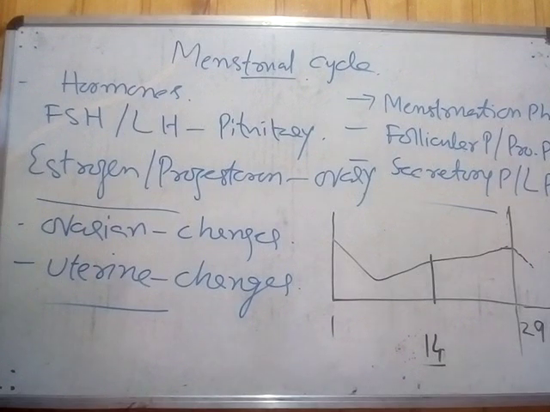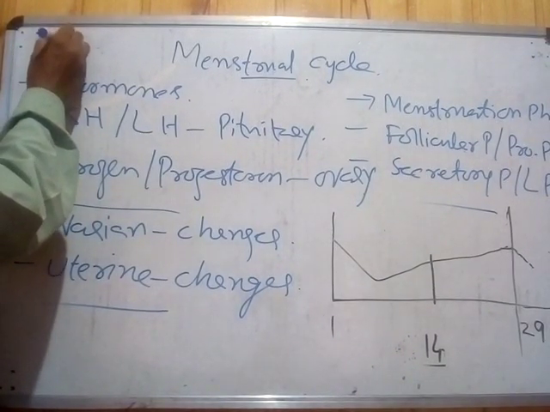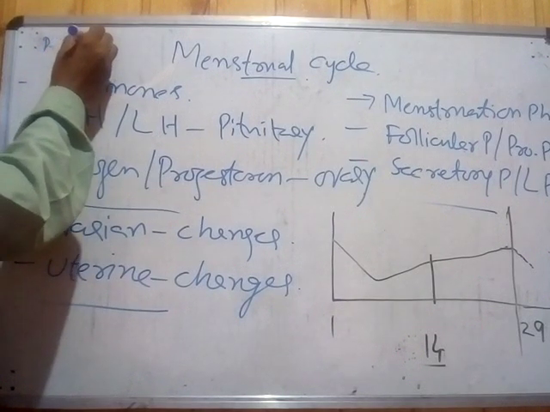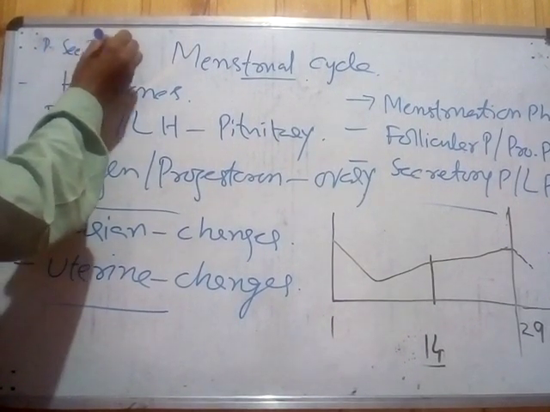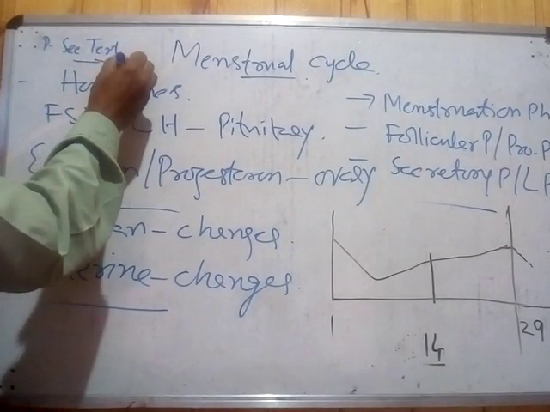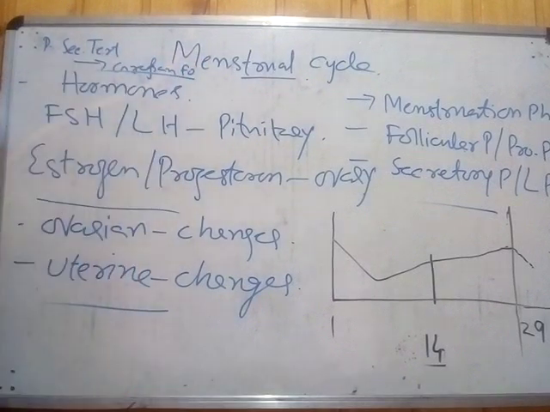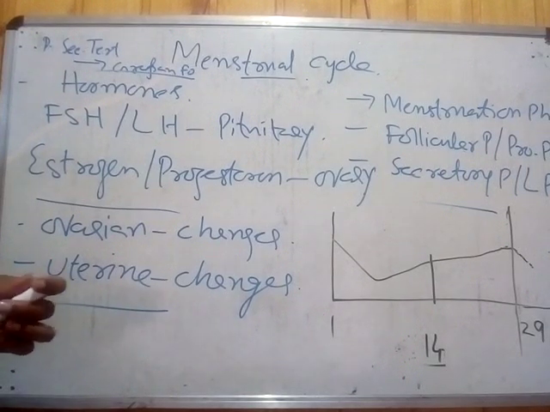And what is this follicular growth? Primary follicle will change into secondary, and secondary follicle will change into tertiary, and finally it will end in a structure which is known as Graafian follicle. Graafian follicle is in fact the mature follicle.